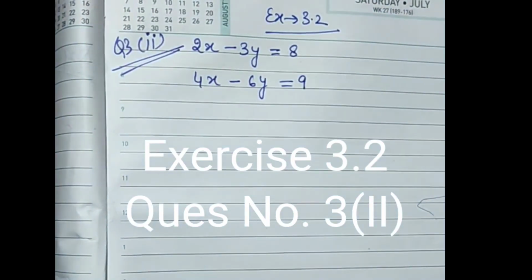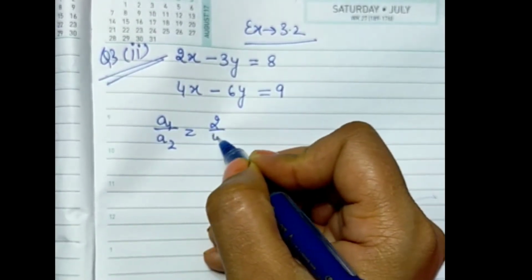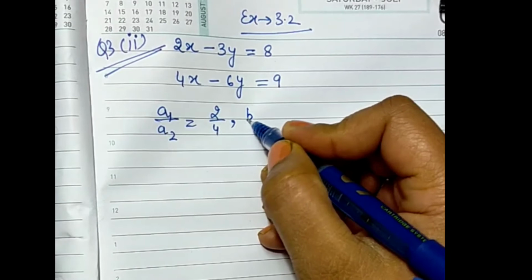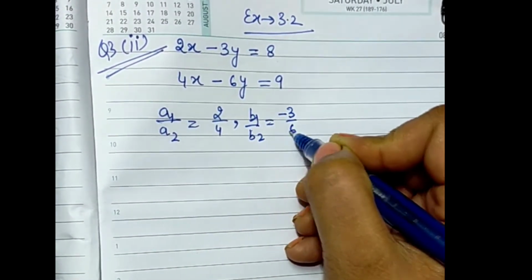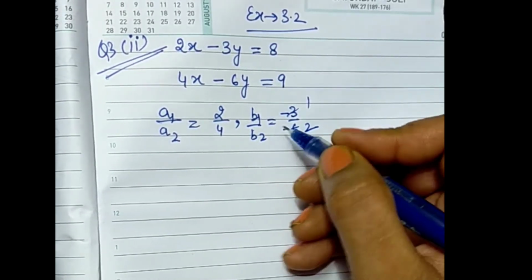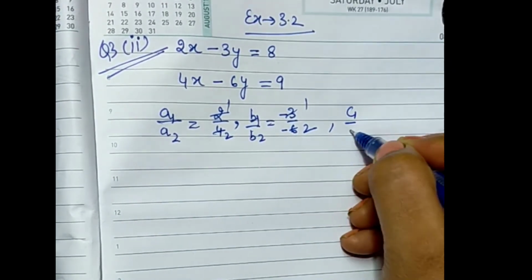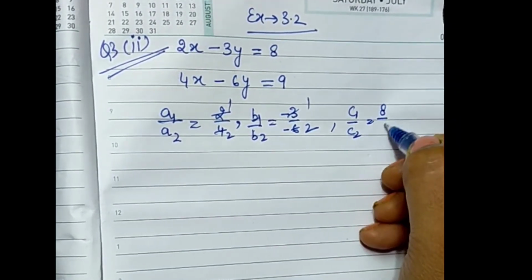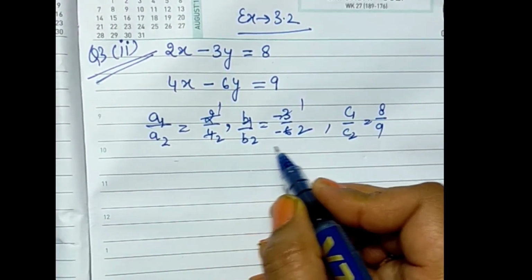So the next part, a1 over a2 is 2 by 4, b1 over b2 is minus 3 by minus 6. This gives 1 by 2, the minus gets cancelled, here also it gives 1 by 2. c1 over c2 is 8 by 9. So you can see a1 over a2 is 1 by 2, b1 over b2 is 1 by 2.